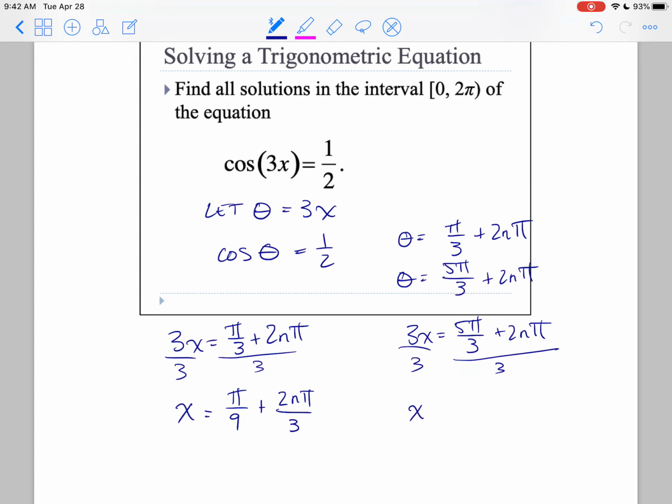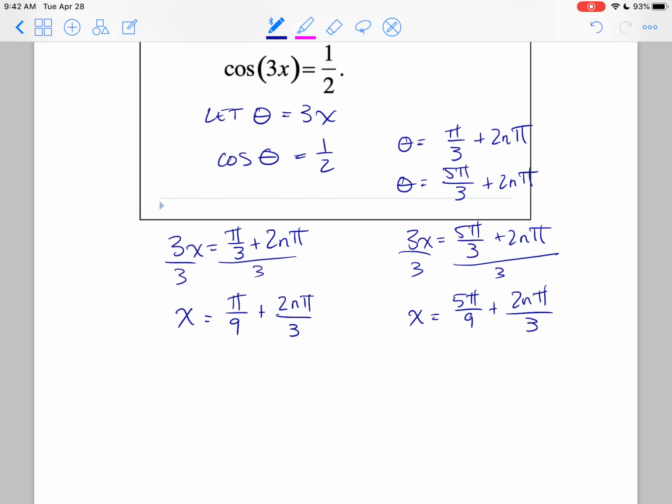And then over here I get x equals 5 pi over 9 plus 2n pi over 3. So now I can just start plugging in values for n, because remember, n is an integer.